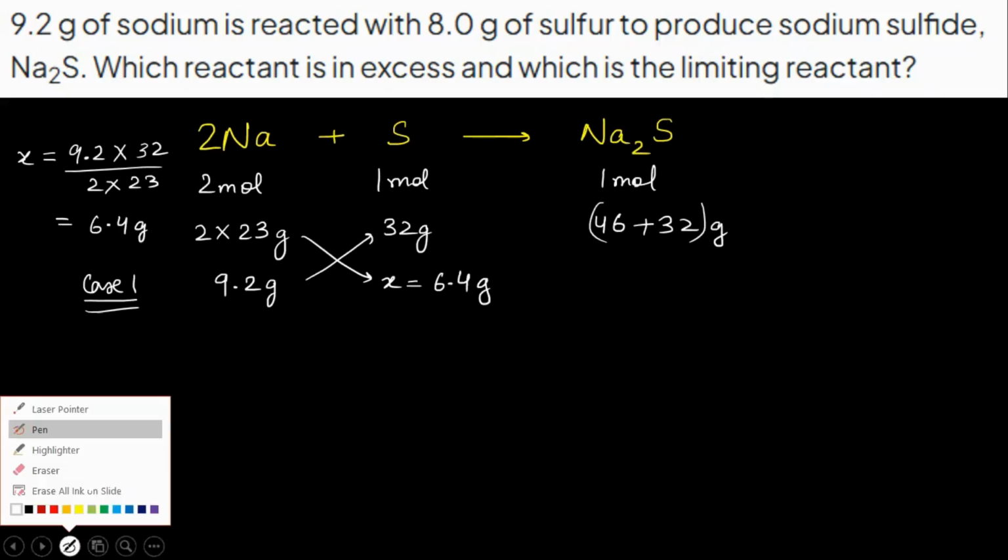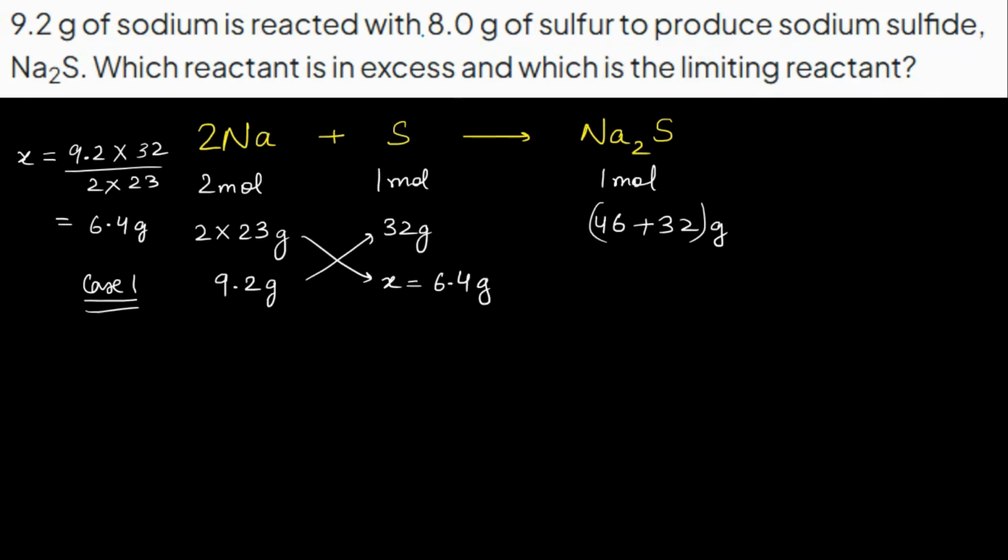This is 6.4 grams, and in the question they have given 8 grams. That means we can easily use 6.4 grams, which shows that there is excess sulfur.